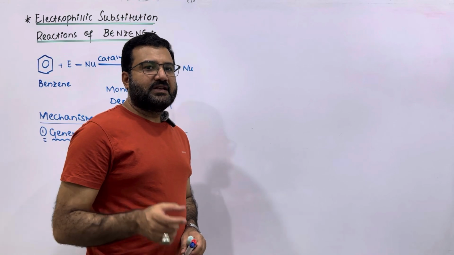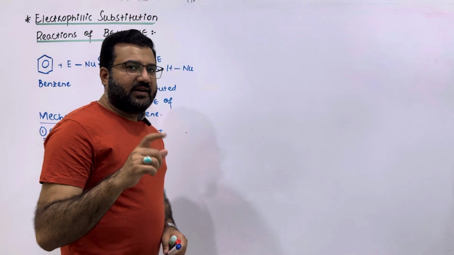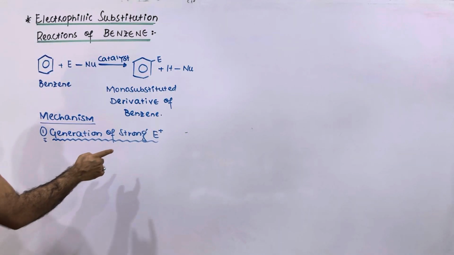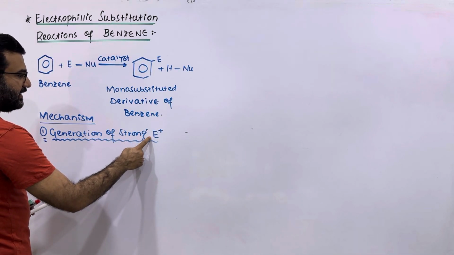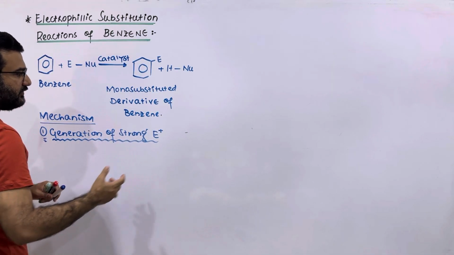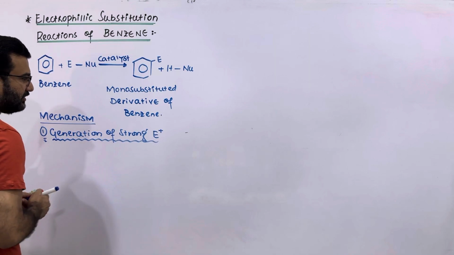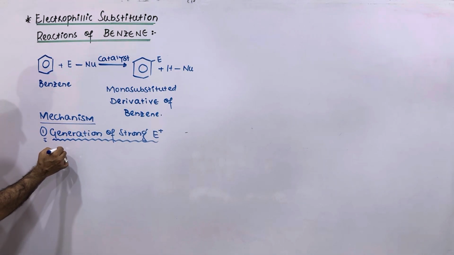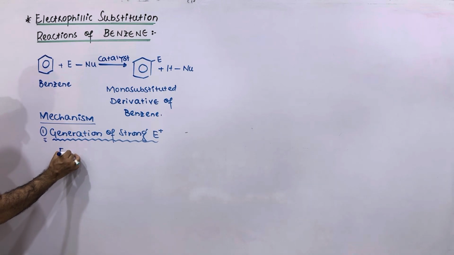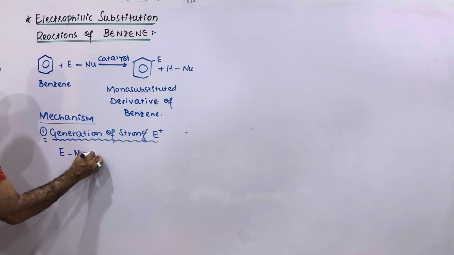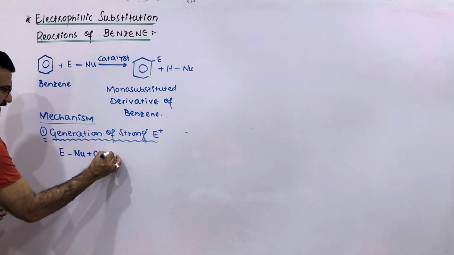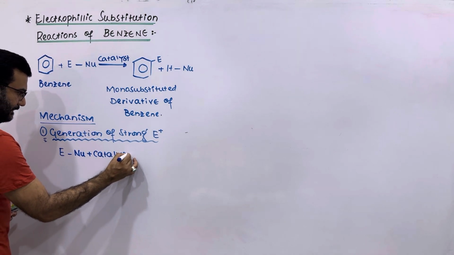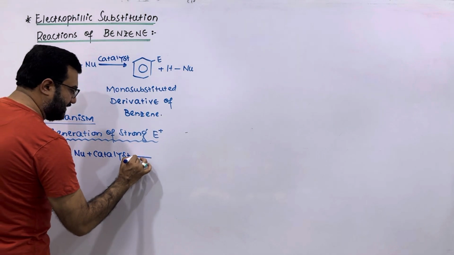As we have already discussed, benzene has delocalized pi electrons, it has 5 resonance structures, it has high resonance energy, so benzene is highly stable. That's why the weaker electrophiles cannot attack the benzene ring. So first of all, you will have to generate the stronger electrophile, and for the generation of stronger electrophile, my dear students, the reagent reacts with the catalyst of the reaction.